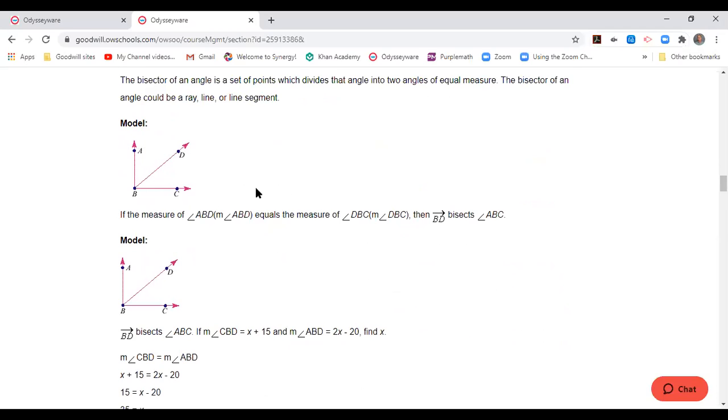Got an example here with this model about a bisector. You've got BD, this ray, bisecting this angle ABC. So now you've got two new angles that are equal. So you take that a step further, and it says if the measure, this little m here refers to the measure, of angle CBD is x plus 15, CBD, that's x plus 15.